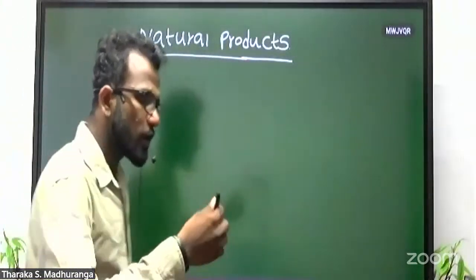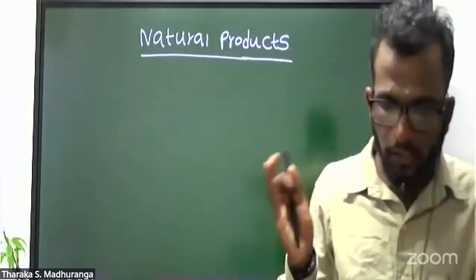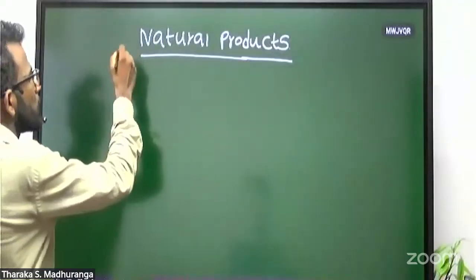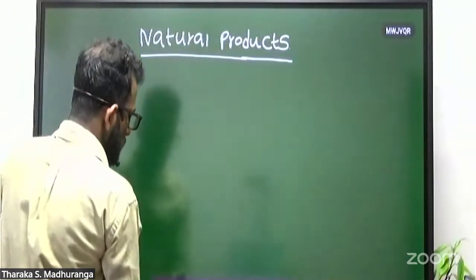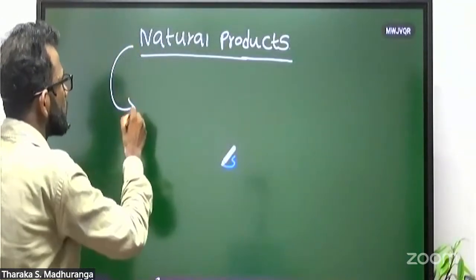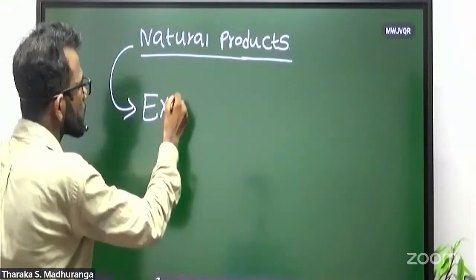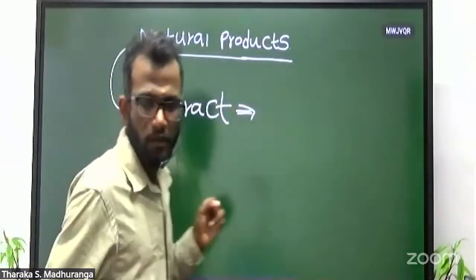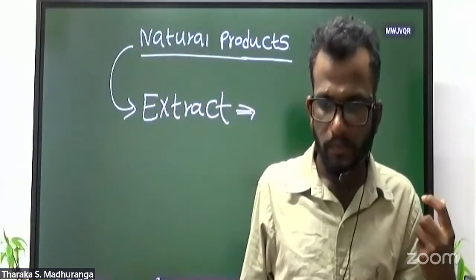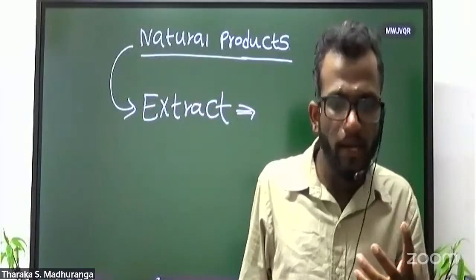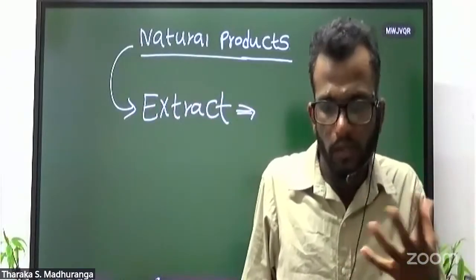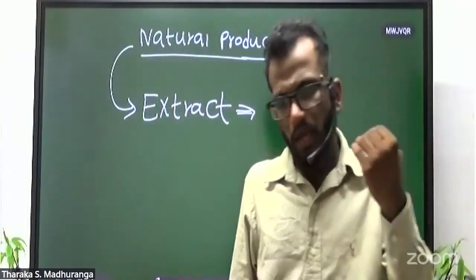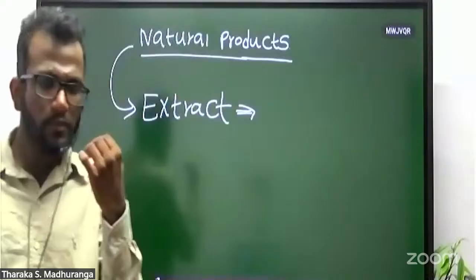Within a few minutes you can understand what the natural products are and what the parts of natural products are. Our target is to extract natural products from natural sources. What does extract mean?